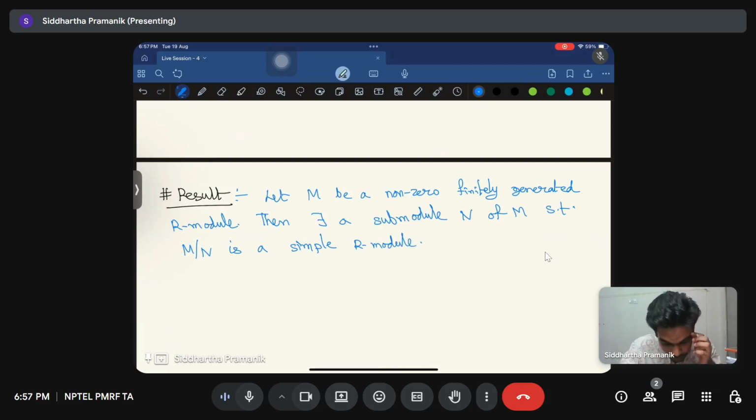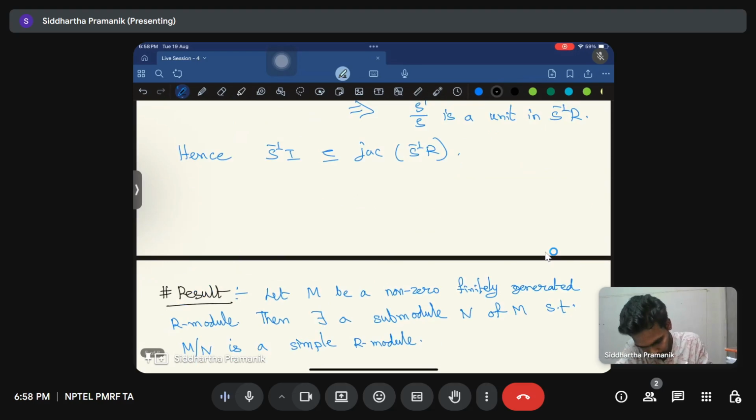Okay, so I need to define simple module. I think it is defined in the lectures, but I cannot recall. So what is simple? Okay, I will define it here.